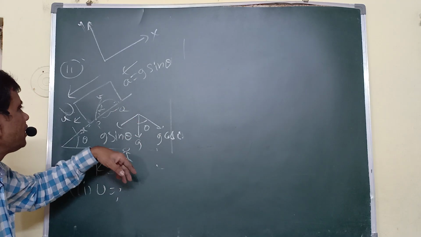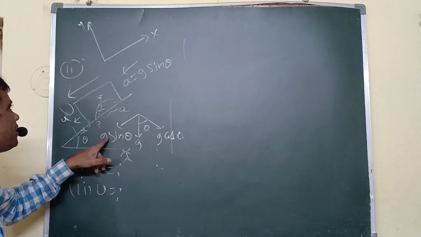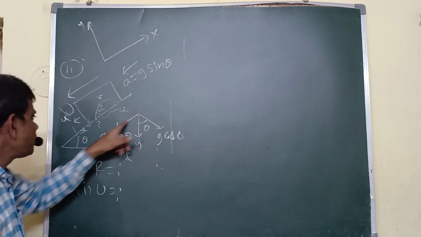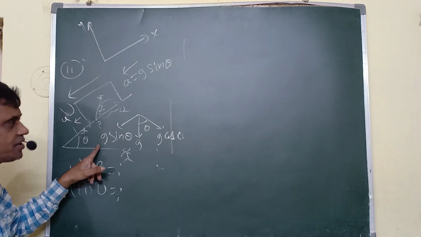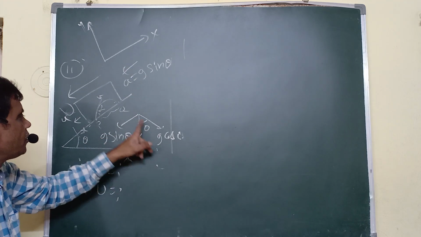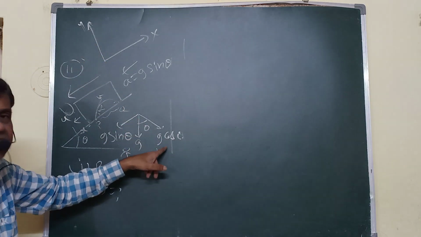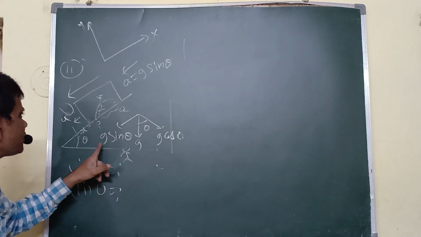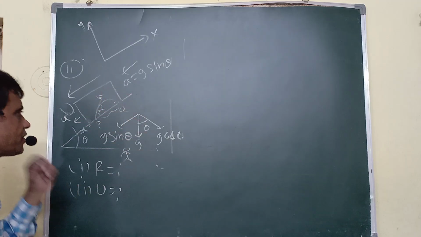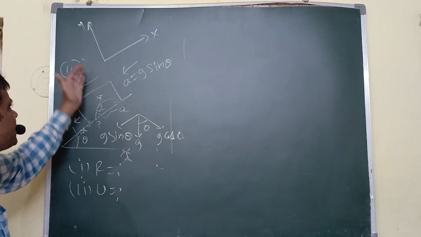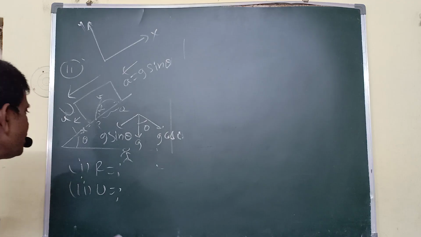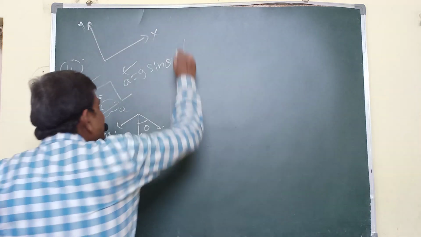Then g sin theta is opposite to the x direction, so it is minus g sin theta. And g cos theta is downward, opposite to y, so it is minus g cos theta. This applies in the case of ball projection, because the coordinate system is created in the direction of projection. Depending on that, first we find the range.